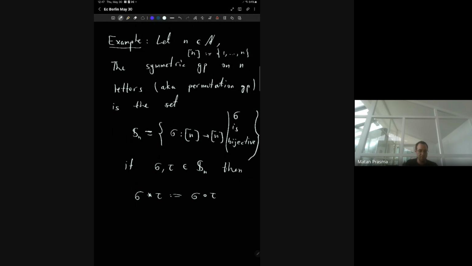Okay? And I have to say something, because if I just compose two functions, I get a function, but I need to know that I got a bijective function. Note that sigma composed tau is bijective as a composition of such.